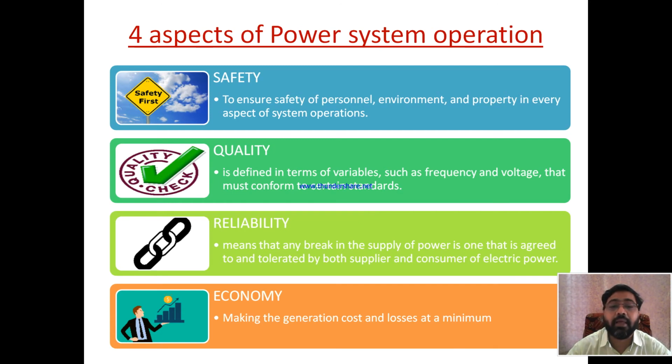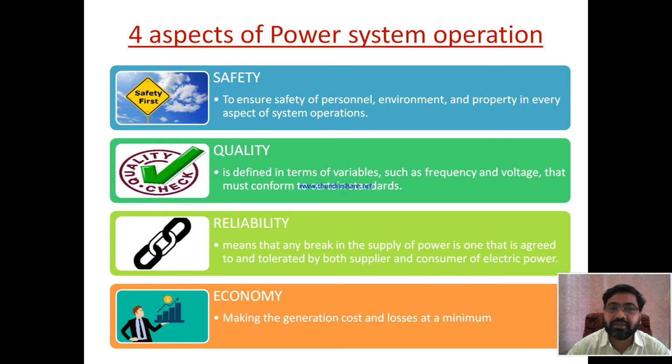Then the last aspect is the economy. While ensuring safety, quality, and reliability, you should see that you generate power at minimum cost, so that you will have buyers. The generation people will sell the power to the transmission people through bids.